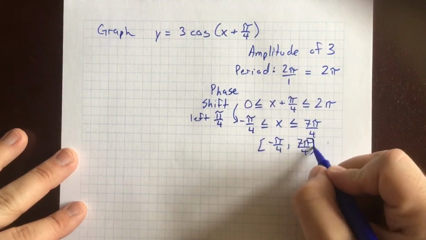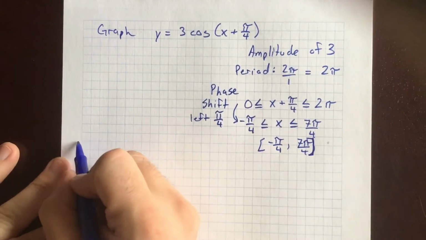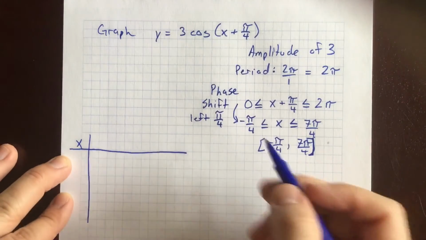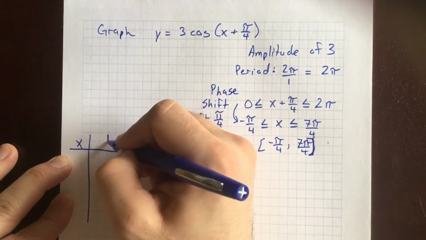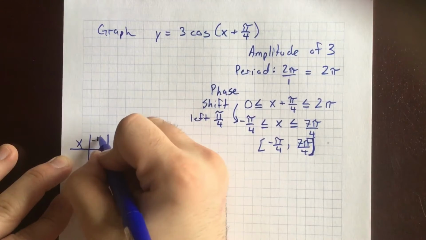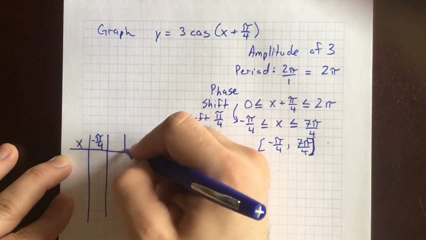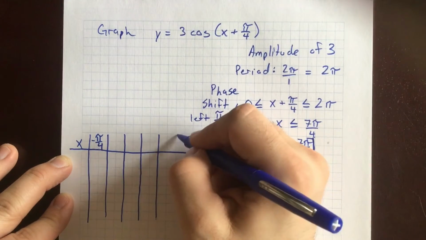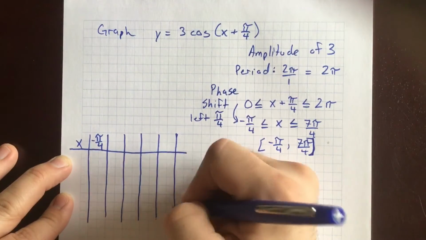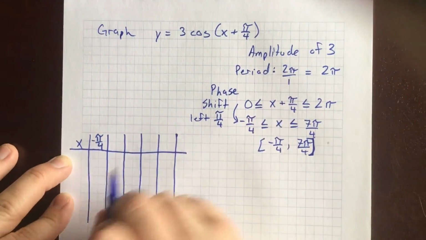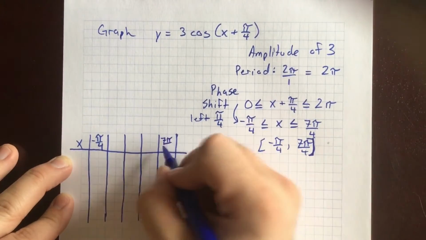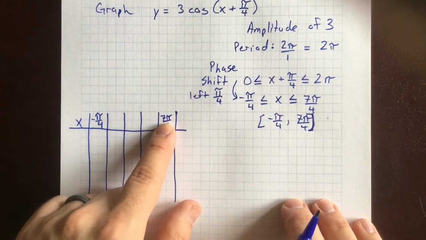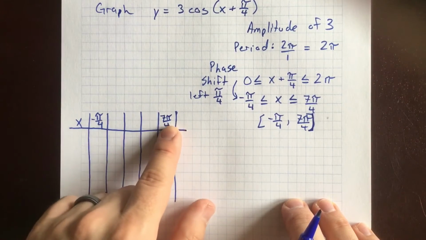So let's make our table. So we have x. Okay. So negative pi over 4. And 1, 2, 3, 4. All right. Okay, so negative pi over 4 plus 7 pi over 4, that is 6 pi over 4.